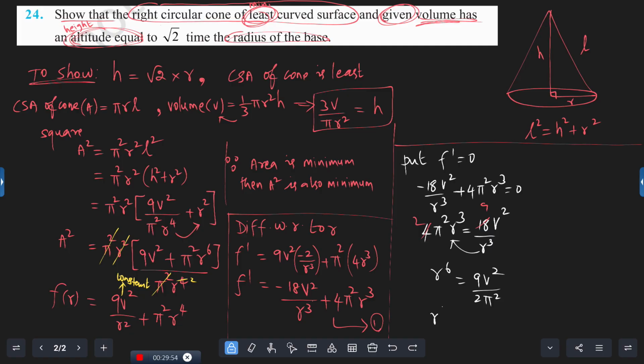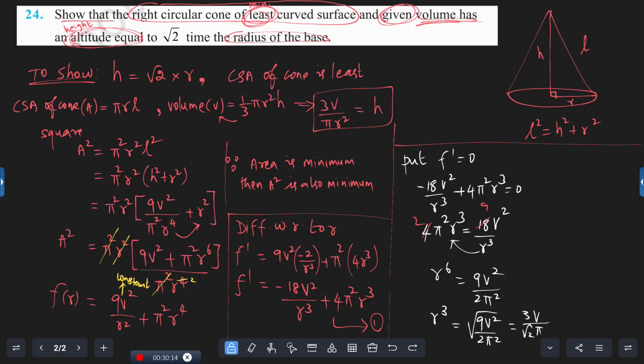When you apply square root, r cube is equal to 9 times v square divided by 2 times pi square, which is equal to 9 root value 3, v square root value v, pi square root value pi, but root 2 we don't have, let it be as it is. This is r cube.